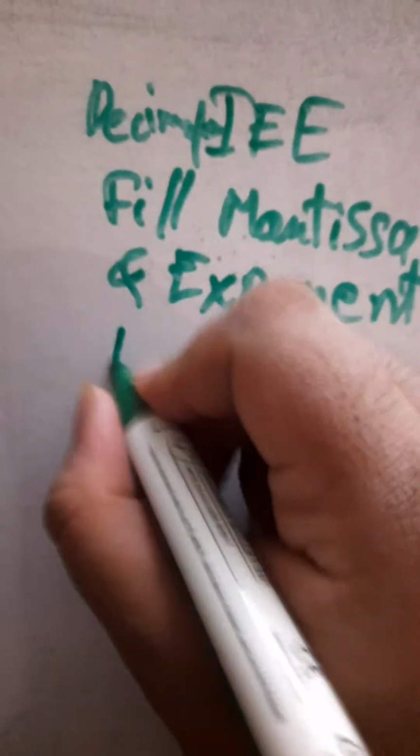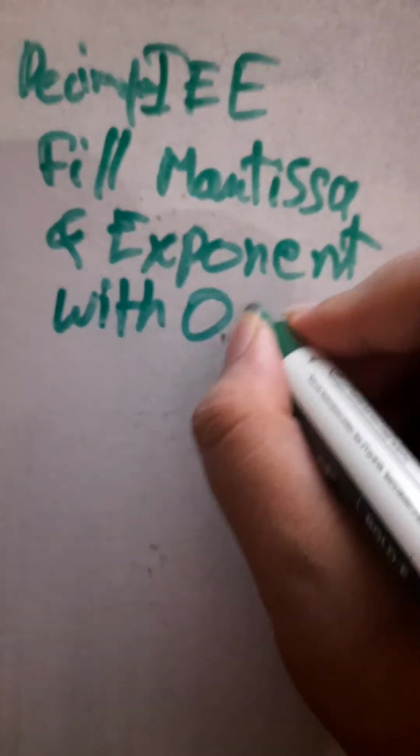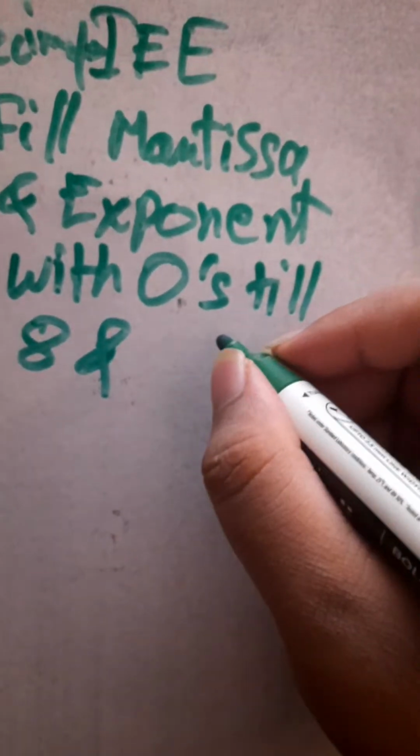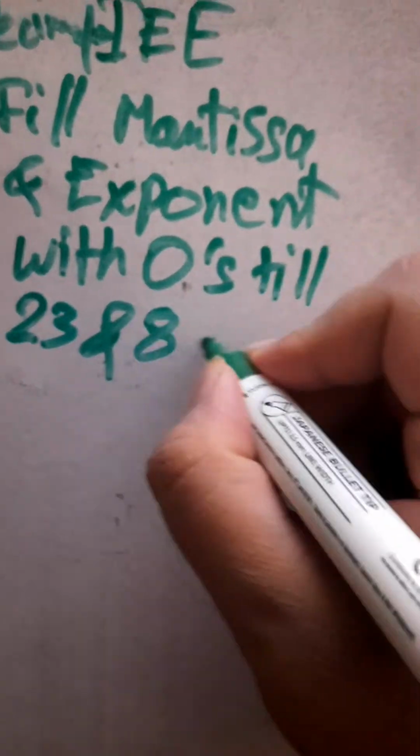Also you have to fill till 8 bits. Yeah, I forgot. In IEEE, decimal to IEEE, fill mantissa and exponent with zeros till 23 and 8 respectively.